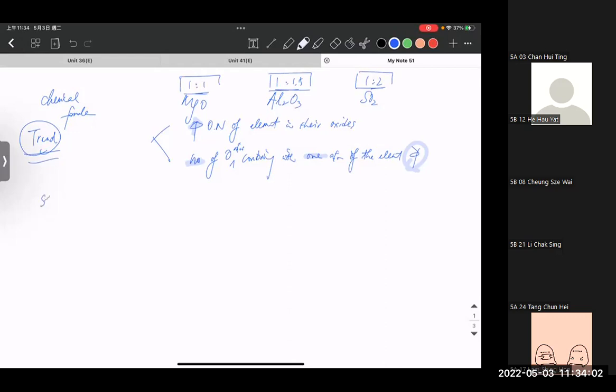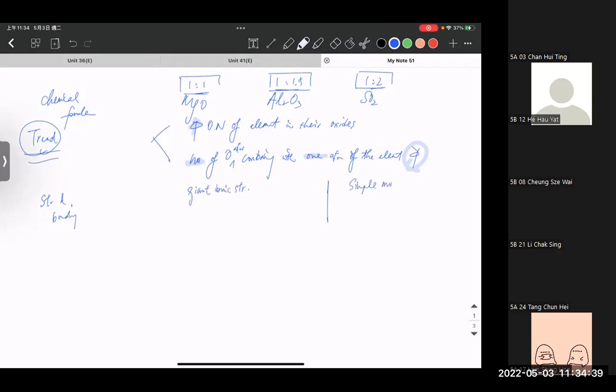Second, structure and bonding. You split the two, and you can get the difference in structure and bonding. Magnesium oxide and aluminium oxide are giant ionic structures, and sulfur dioxide is a simple molecular structure.